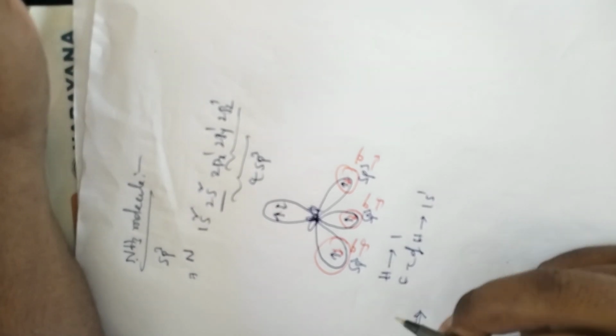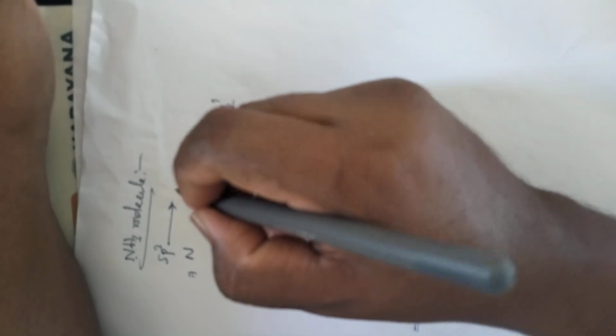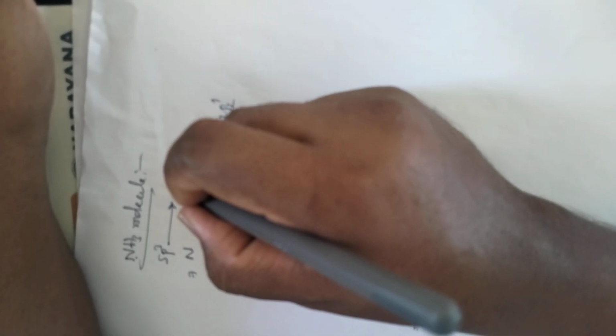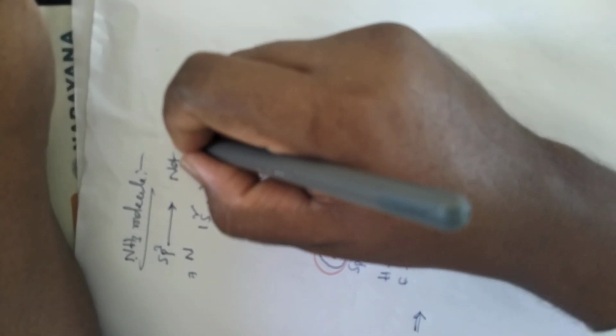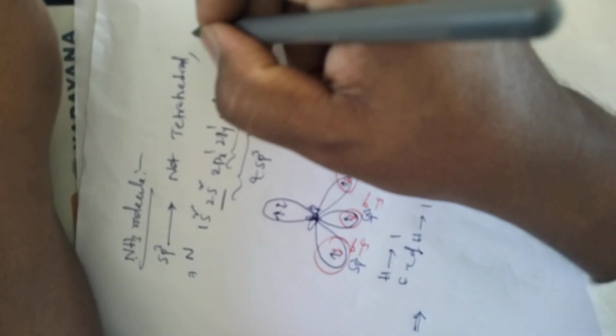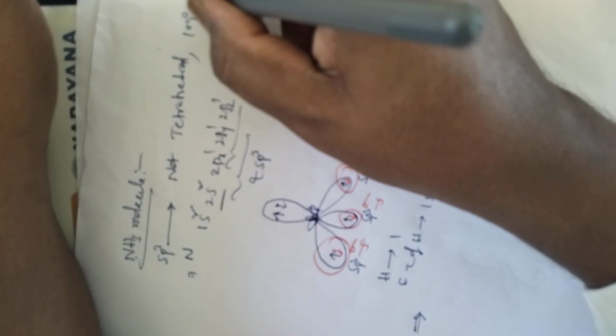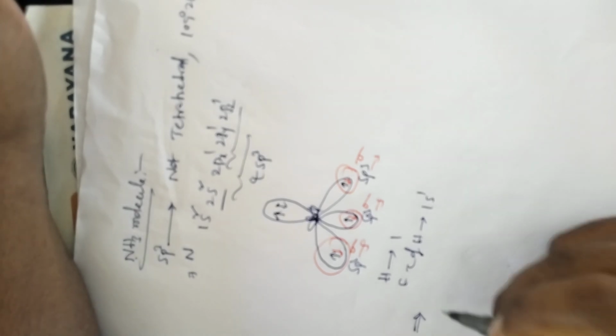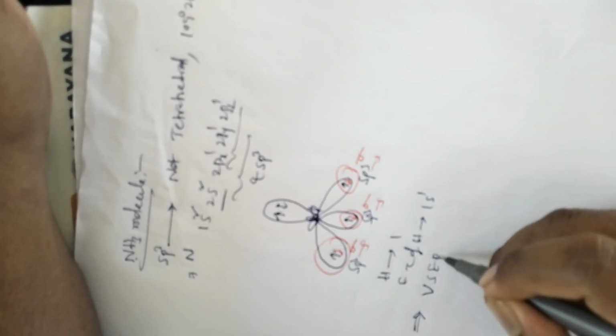But the shape of the molecule deviates from tetrahedral. Even though it undergoes sp3 hybridization, the shape of the molecule is not tetrahedral, and the bond angle is also not 109 degrees 28 minutes, because of VSEPR theory.